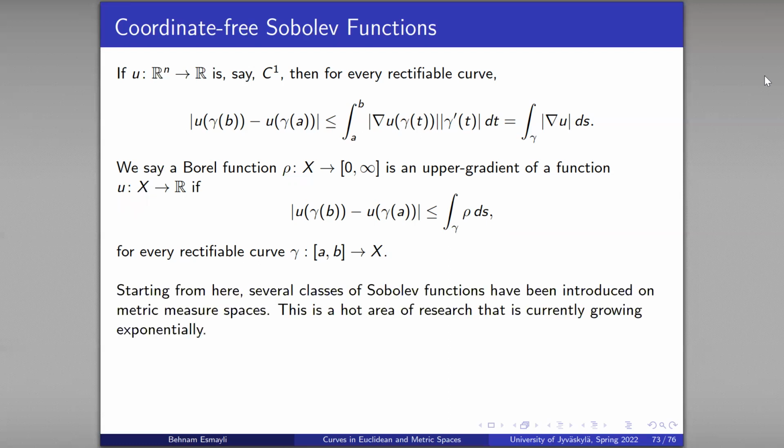Based on this observation, there have been slightly different classes of Sobolev functions that have been introduced on metric measure spaces. So we always had a metric space. Now there comes in the measure. So where does measure play a role? For Sobolev functions, you need to assume some integrability.